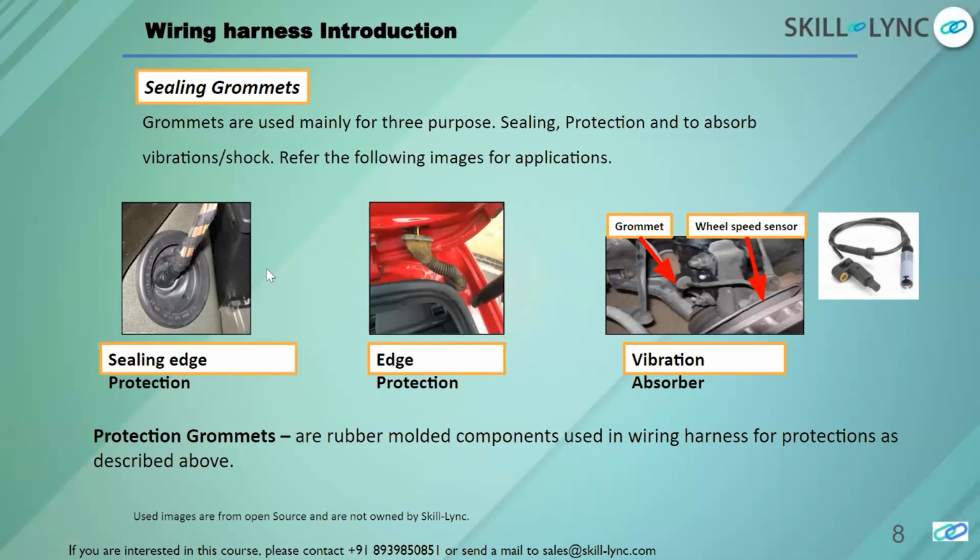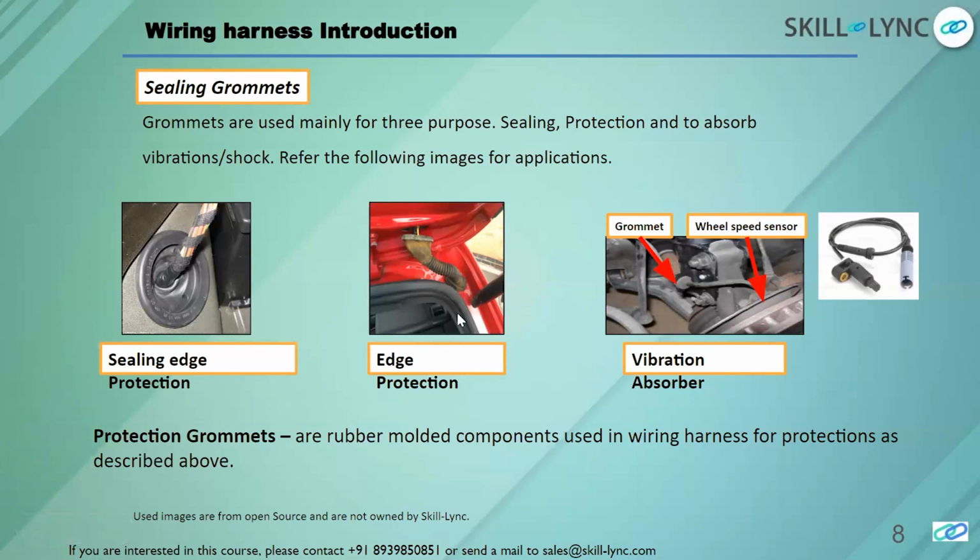For an example to suggest where this is used, you can see the wires going from a wet zone to a dry zone. So the outside of your car to the inside of your car, the passenger compartment area. So these sealing edge protection grommets are found in such areas where the wires go from a wet zone to a dry zone, correct? So that is about the sealing edge protection.